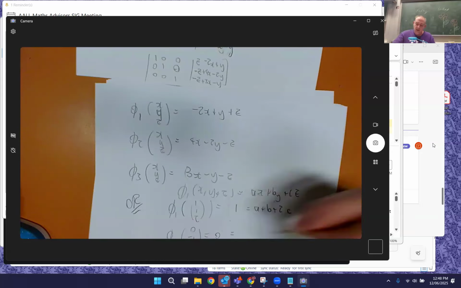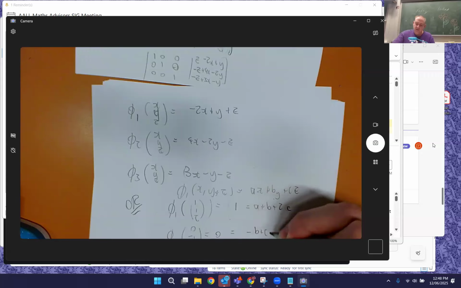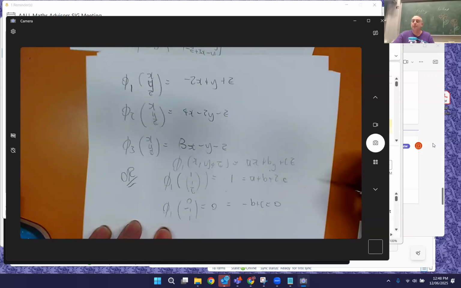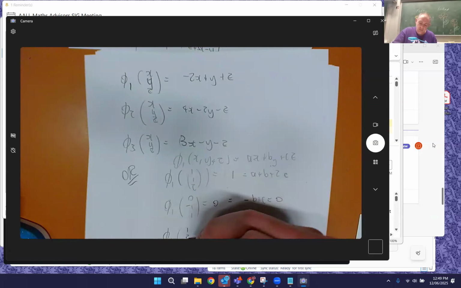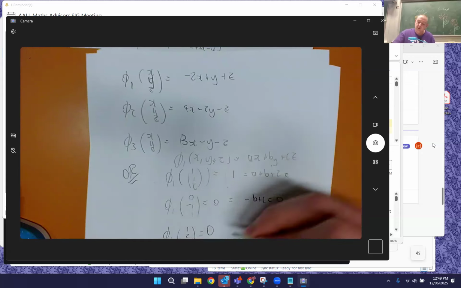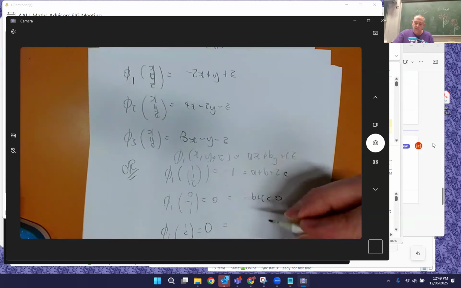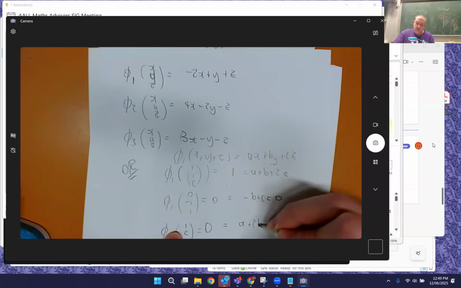And this would be that minus b plus c equals 0. And phi 1 of, what was the other vector? 1, 2, 0 is supposed to come out to 0 as well. And so that is a plus 2b equals 0.